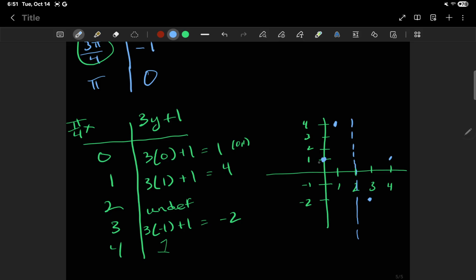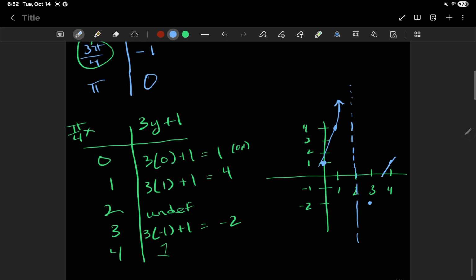And so the way that this is going to look is on this side you're going to have it going up like this towards the vertical asymptote up here, and then over here it's going to be coming down like that. And so if you wanted to draw the entire 2 periods, what's really happening on the other side is that there's actually another vertical asymptote here at -2, and it would be finishing like this, and just like here you would have your next asymptote at 6.